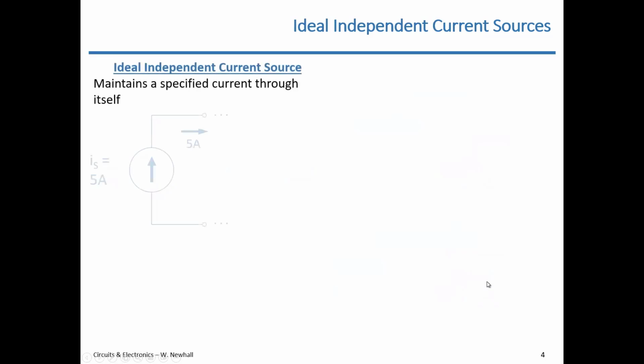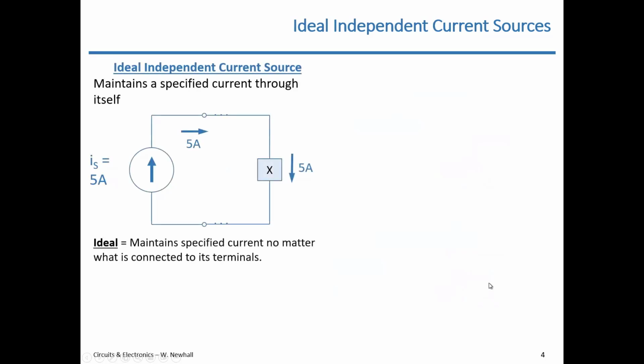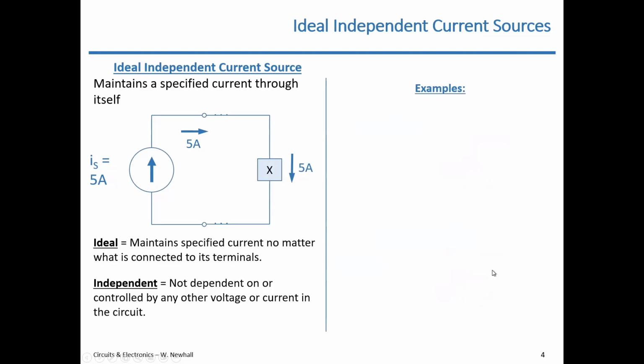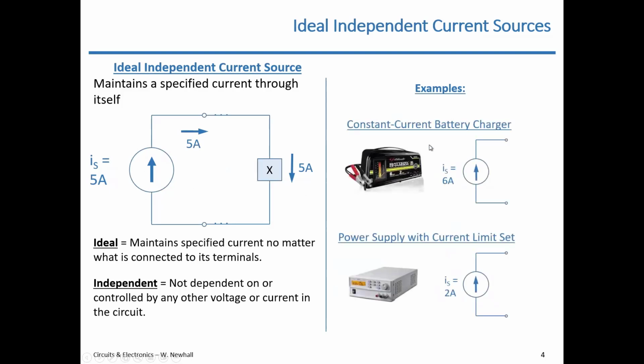And then we talked about ideal independent current sources. Current sources maintain a specified current through the source. The example that I presented was a constant current battery charger, which is a really good example of a constant current source, or an ideal independent current source.